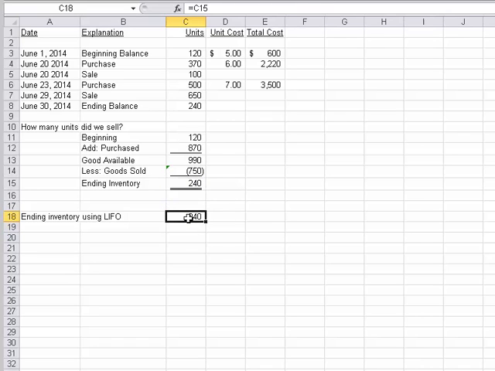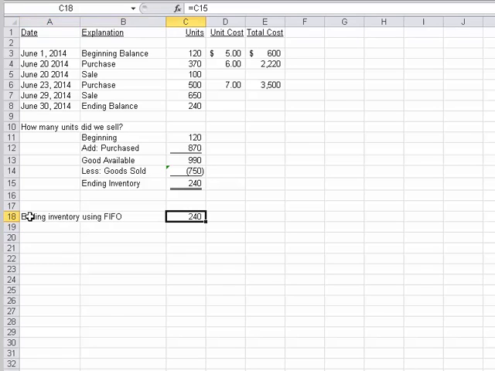So how do we come up with that value? Well, the last purchase we had was 500 units. If all I have left is 240, then I know the entire layer of the ending inventory of those 240 units came from that last purchase. Oh, and by the way, I do mean FIFO. First in, first out.